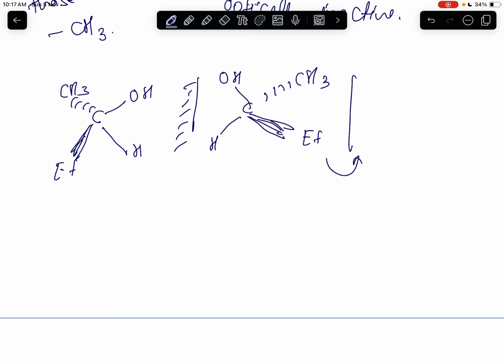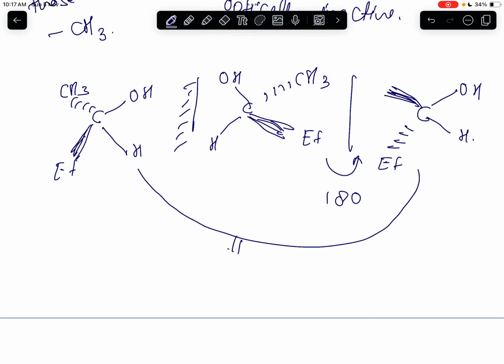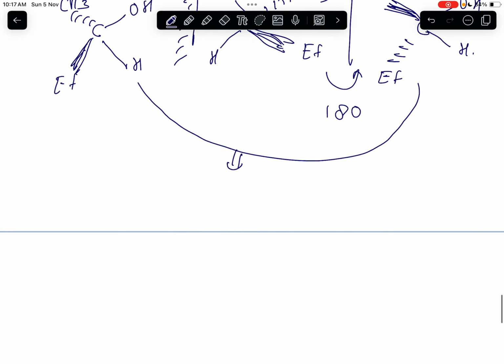When we rotate it by 180, the image will look like this. The outward group will go to the inward and the inward group will go to the outward. So we can see these compounds are non-superimposable.